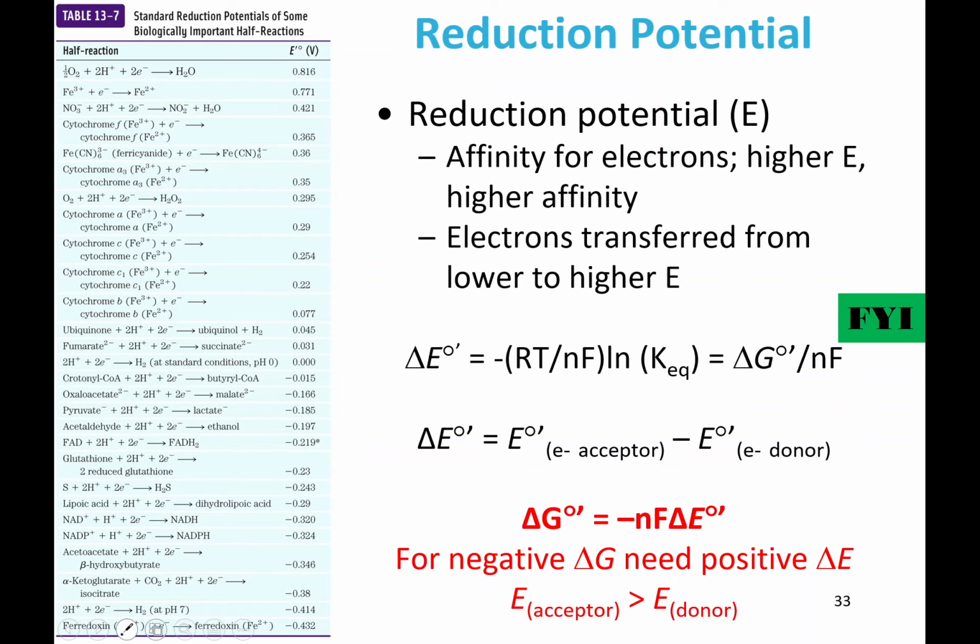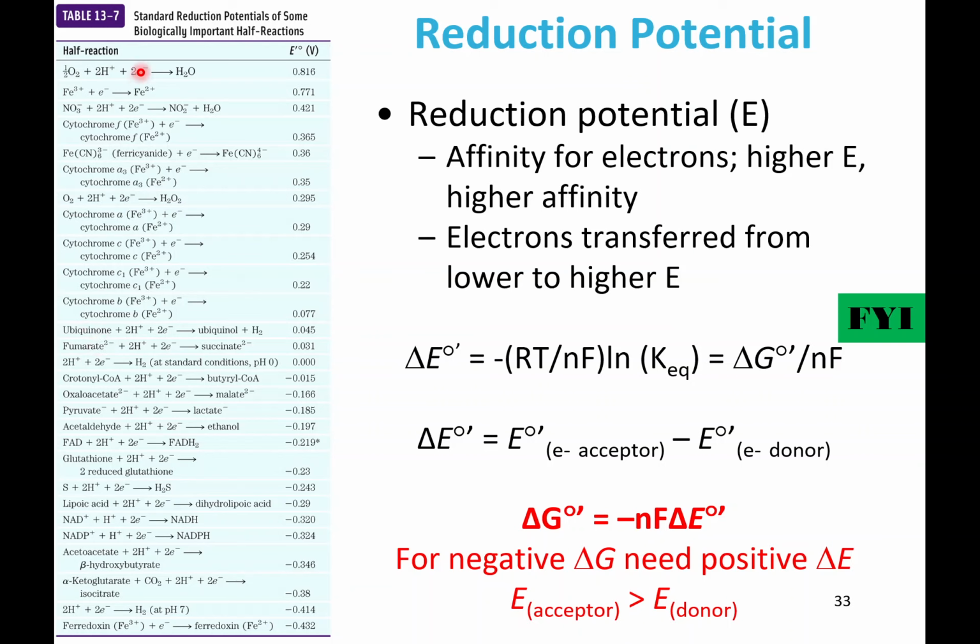And if you look, again, this is a little bit before we talk about a lot of these, but we're going to see these molecules again, things like cytochrome C, the cytochrome C1 and cytochrome B factors, ubiquinone, right? These are all in the electron transport chain, and the electrons are being transferred from things that are lower on the list to things that are higher on the list.